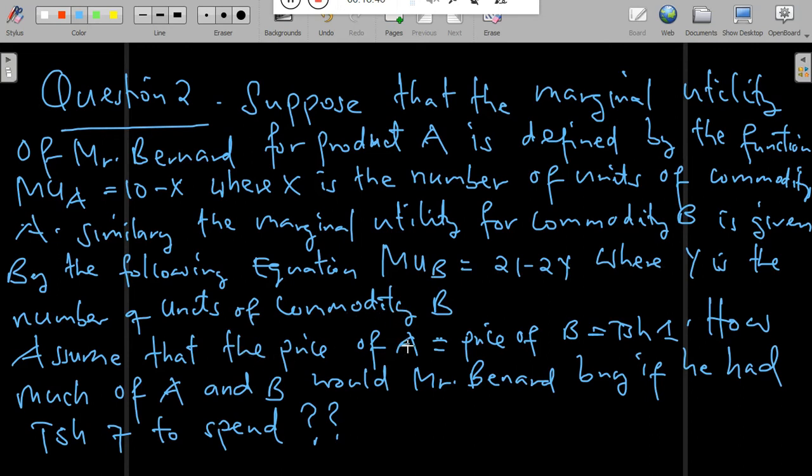So how much of A and B would Mr. Bernard buy if he had 7 Tanzanian shillings to spend?